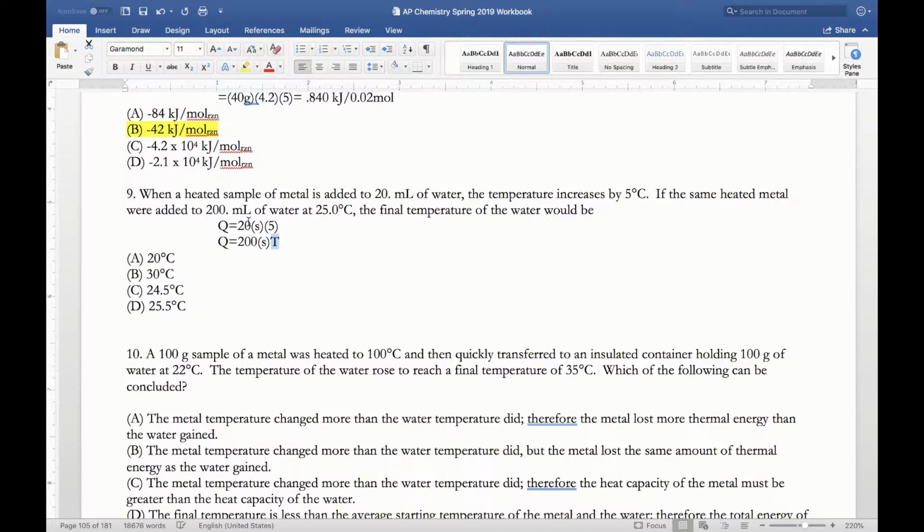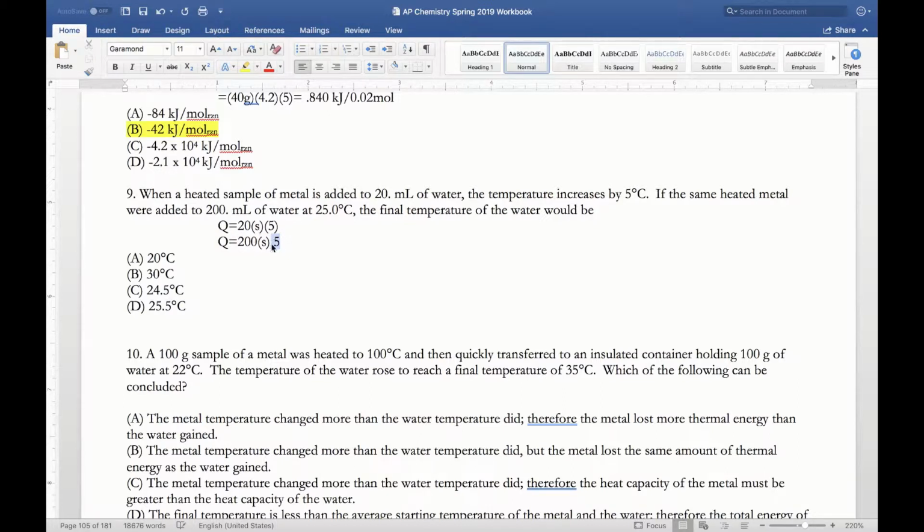So if this increased by a factor of 10, that means this would have to decrease by a factor of 10 in order to get the same heat at the end. And it says that it was the same heated metal, so you know that the heat transfer is going to be the same. So to get this to be the same, 20 times 5 is 100, so this would actually have to be 0.5.